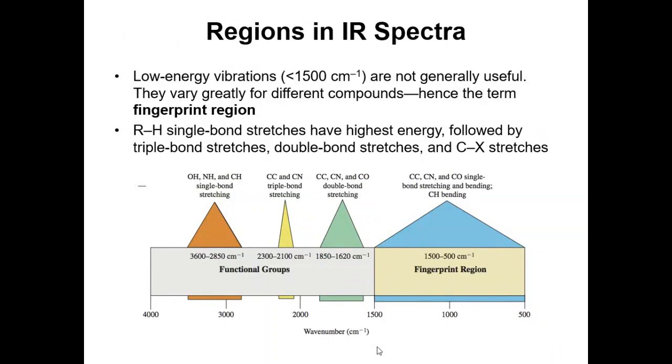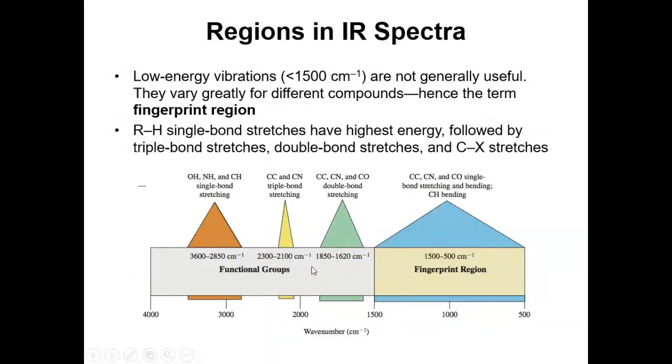The higher frequency region starts from about 4,000 reciprocal centimeter to about 1,500 reciprocal centimeter. This region usually comes from the stretching vibrations of functional groups, so it is also called the functional group region.